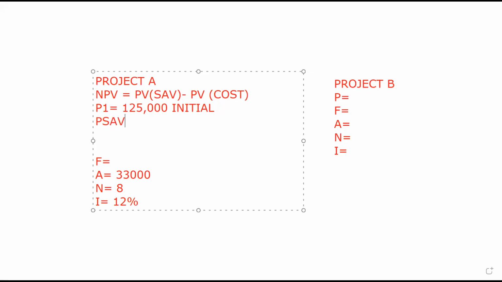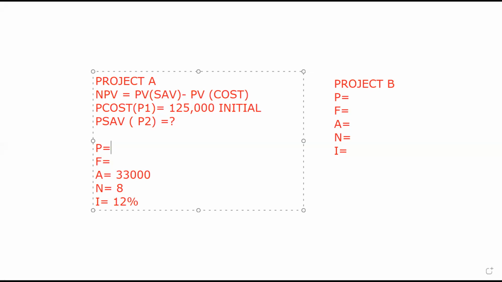In other words, I'm looking for the PV savings. PV costs have been given to me, which I can also call P1. Just stay with me. Now I need to look for the P2. So I'll assume that this one does not exist. So if I come here, I will still say I'm looking for the P. When I get the second P, I'll subtract it from the first P.